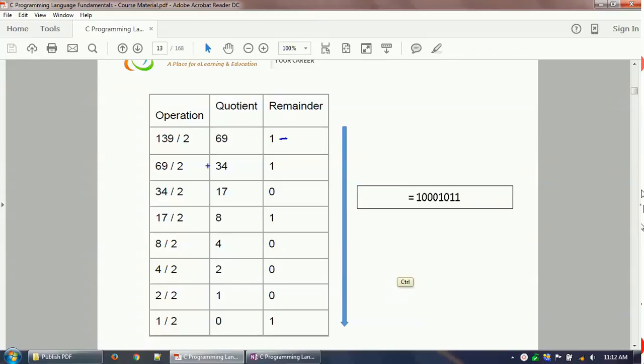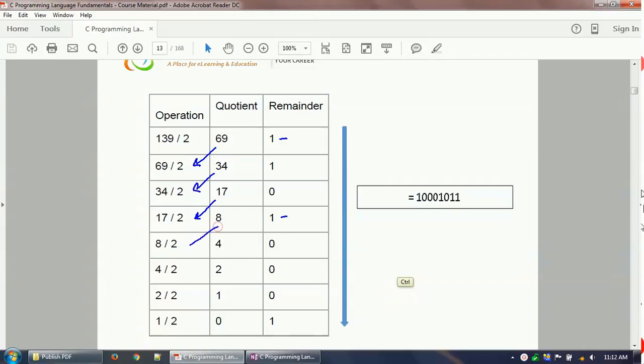Now in our next step we put the 69 here and divide it by 2. We get 34 as a quotient and a remainder of 1. Then again we put this in the next step. 34 divided by 2, we get 17 and a remainder of 0. Again we put 17 divided by 2, we get 8 as a quotient and 1 as a remainder.